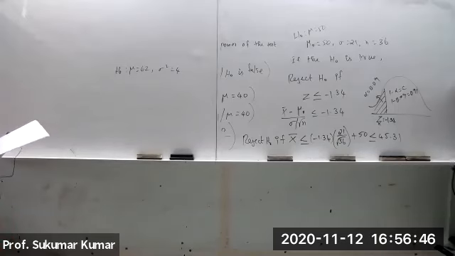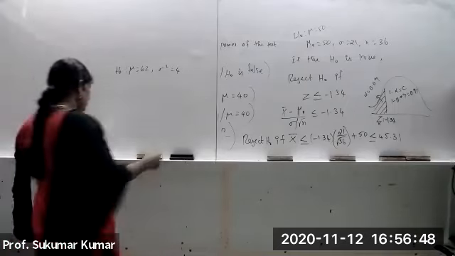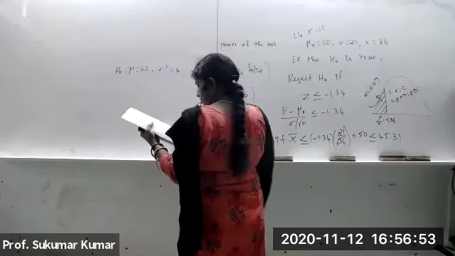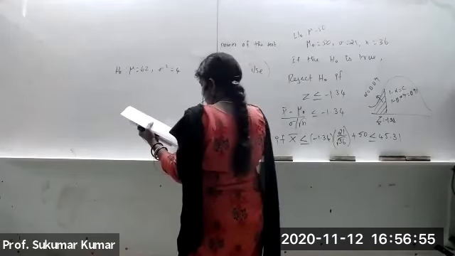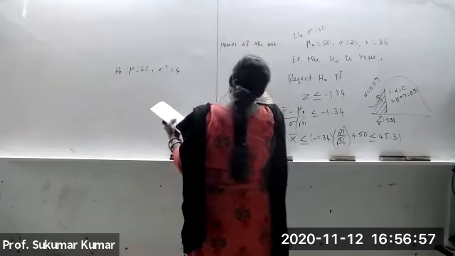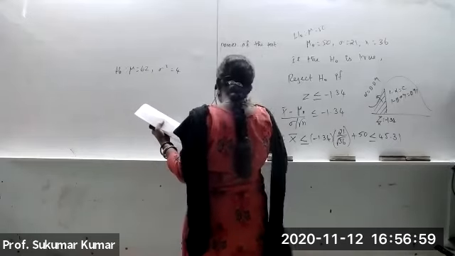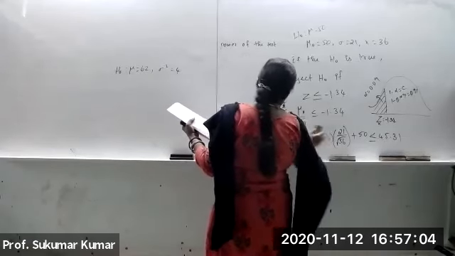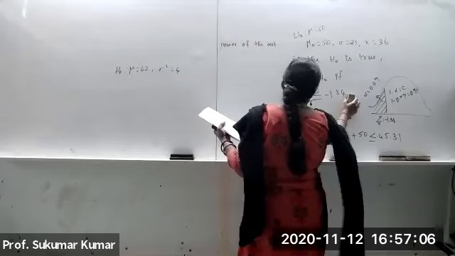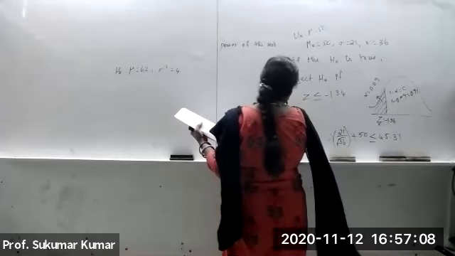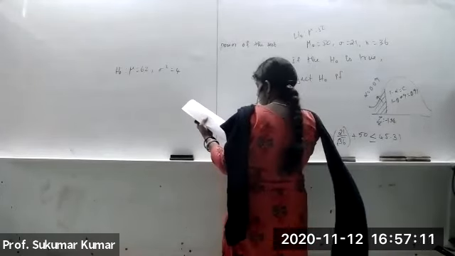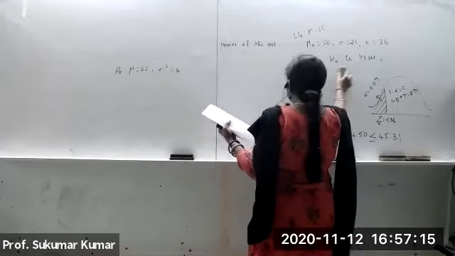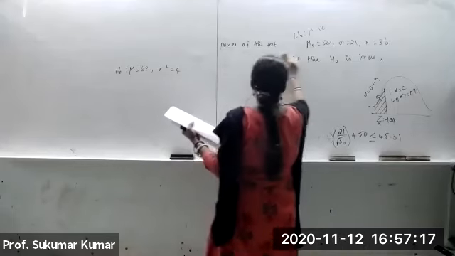Composite hypothesis. A hypothesis which is not simple, that is, in which not all the parameters are specified, is called a composite hypothesis.